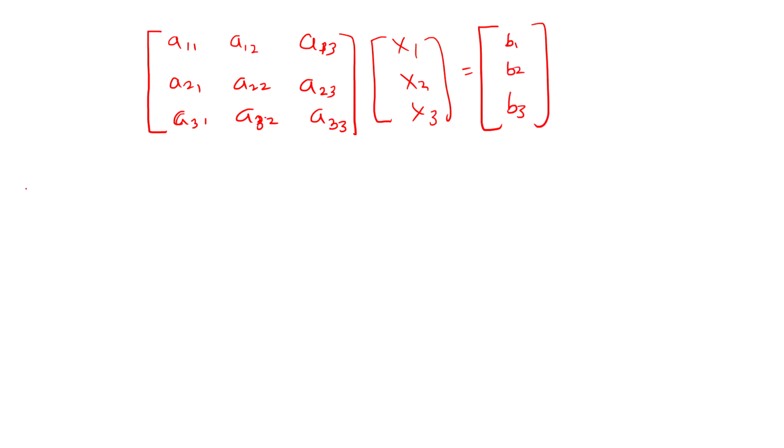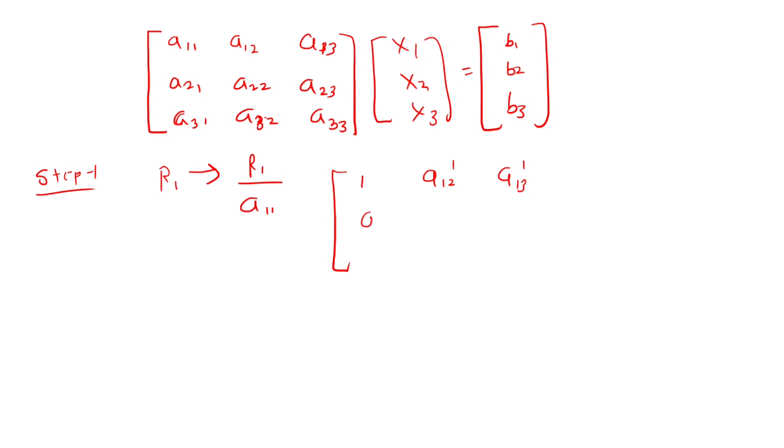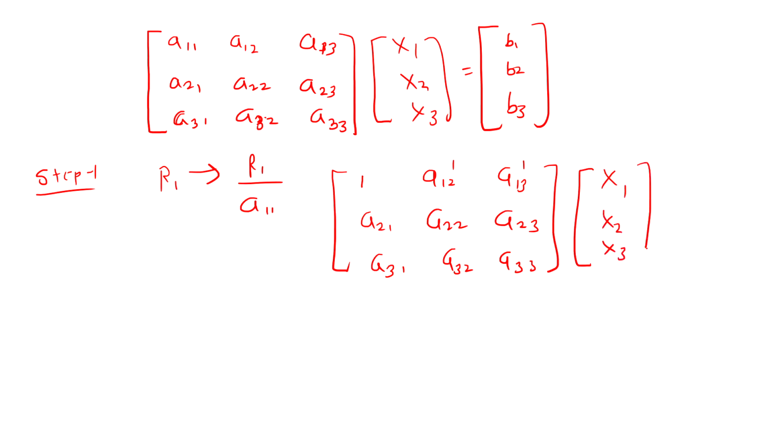So the first row operation that I am going to do, step 1, is R1 = R1 divided by A11. So I am dividing the first row by A11, so that it will make it 1, and then we have A12 prime, A13 prime, A21, A22, A23, A31, A32, A33, and then x1, x2 and x3, and that is essentially equal to b1 prime, b2, b3.